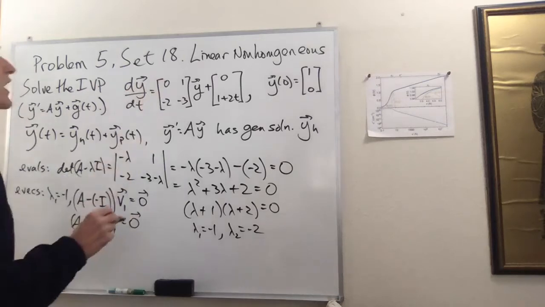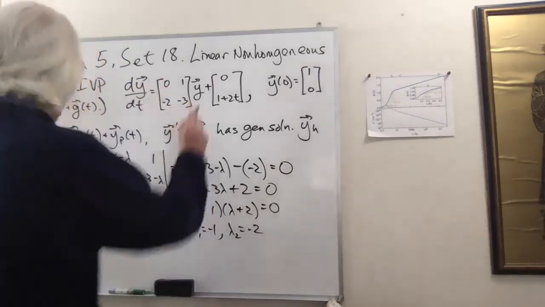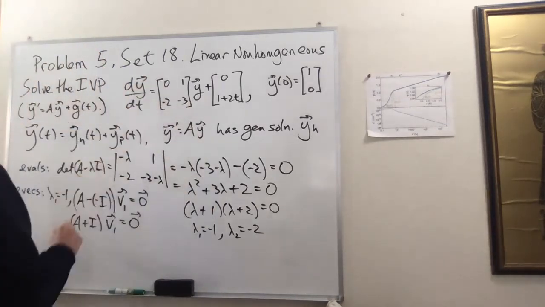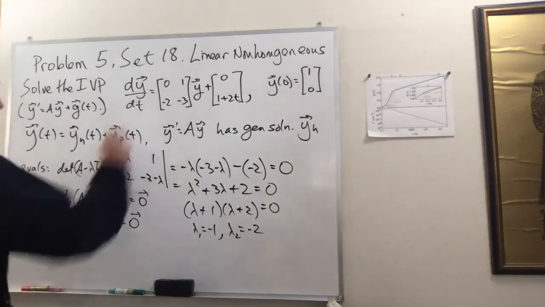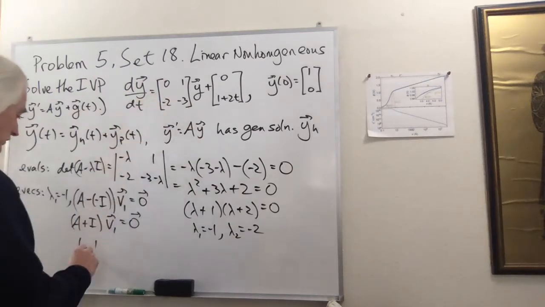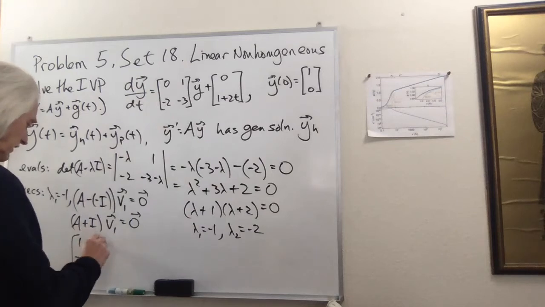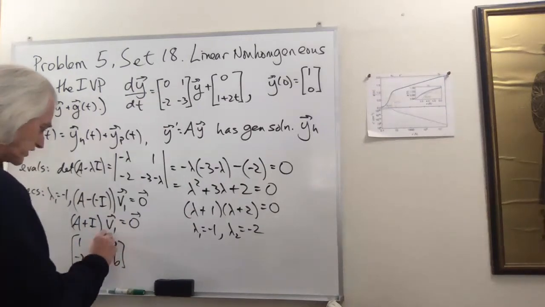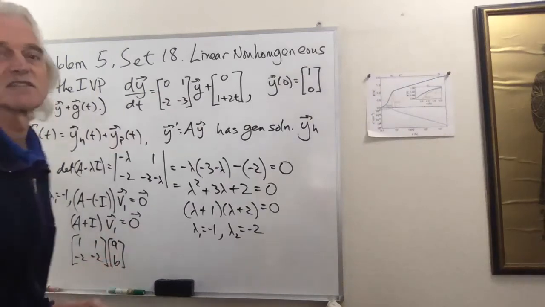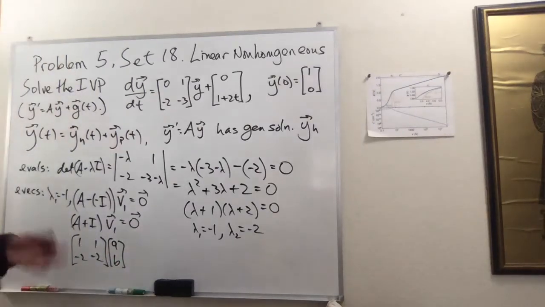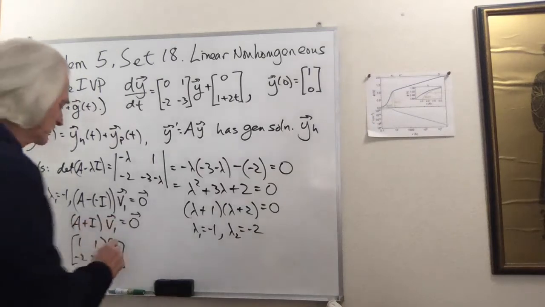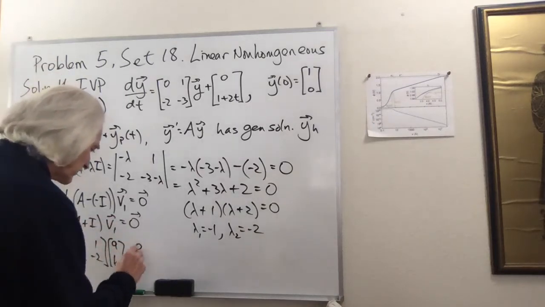So I add 1 to the diagonal entries of A, I get 1, 1, negative 2, negative 2. And I'm going to call V1, I'm going to call it A, B just for the general components. I could be using subscripts, but this is nicer. And that should be 0, 0.